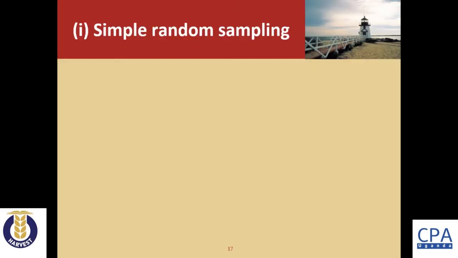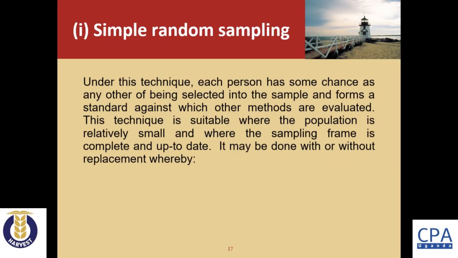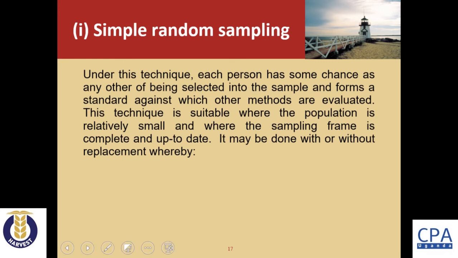Under simple random sampling, as the word goes, it is a random one. In this technique, each person has the same chance as any other of being selected into the sample, and it forms a standard against which all other methods are evaluated.